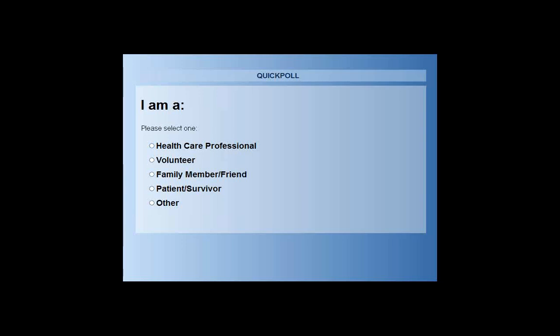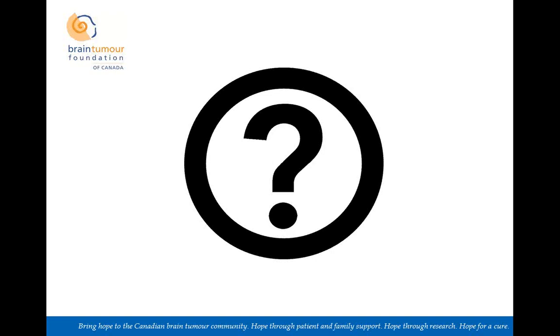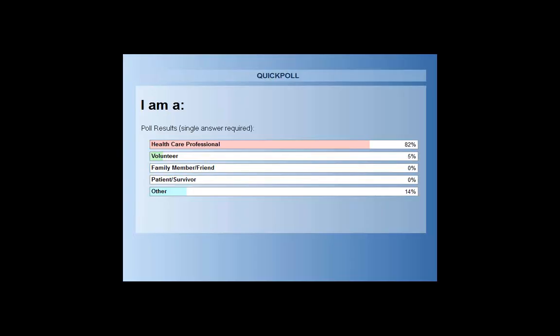Okay, it looks like the majority of people online are healthcare professionals, which is great because this is the audience that this has been targeted for.